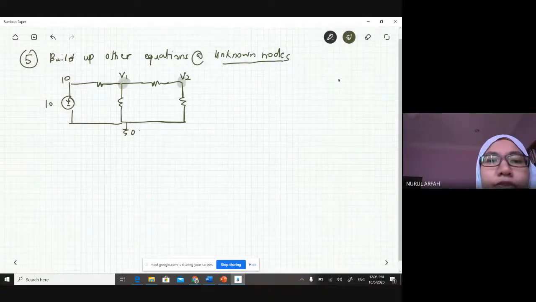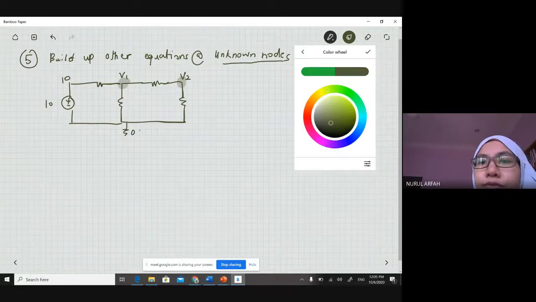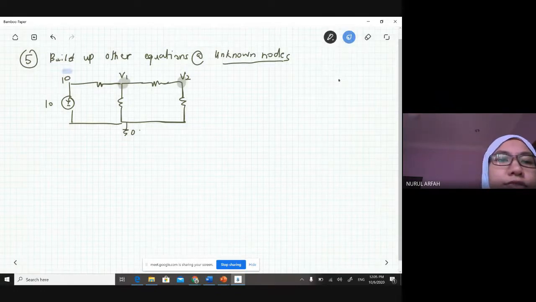Yes, V1 and V2. What about that 10 volt? This is a known node. So you don't need to build up any equations there. You just do the equation for V1 and V2.